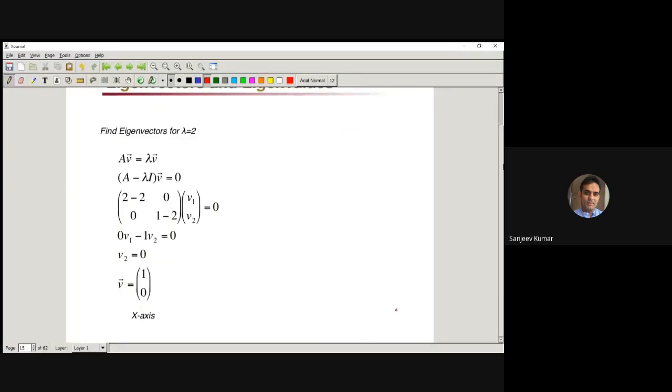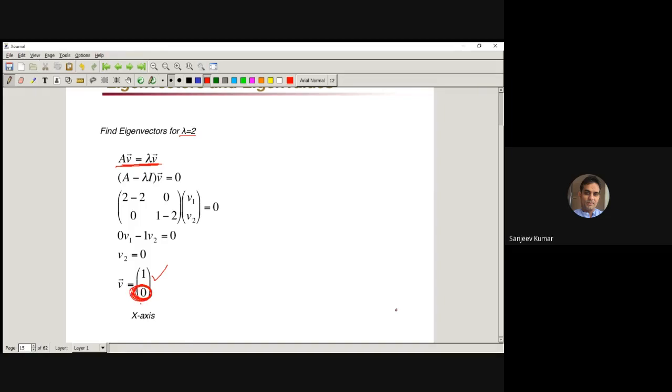Then what I do, I find the eigenvector for lambda equals to 2. As I told you, instead of x I have taken v here, Av equals lambda v, and by solving this I got this vector in 2D, 1 and 0. What this vector is saying is that everywhere the y component is 0.